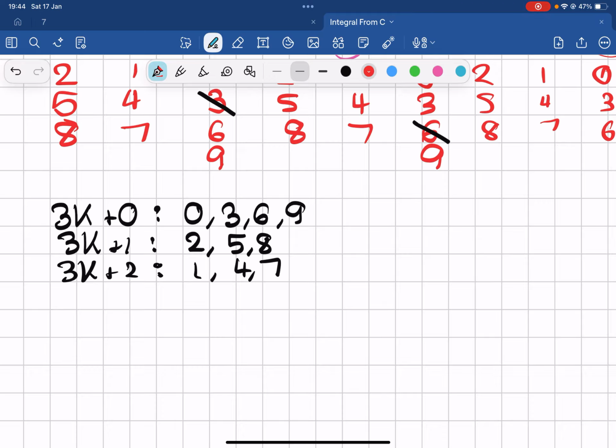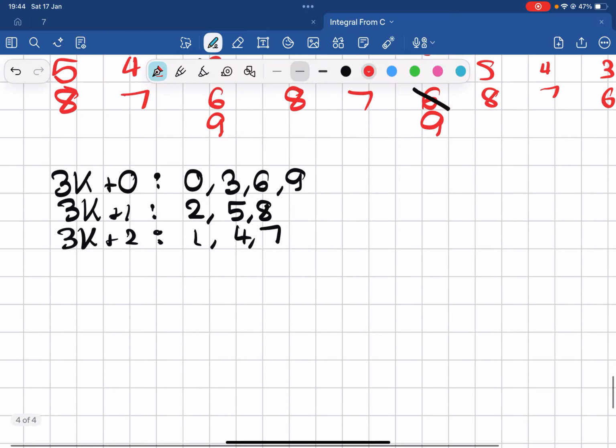Let's see why. 3 plus 2 gives 32, not a multiple of 3. A multiple of 3 plus another number to form a multiple of 3 means that other number must also be a multiple of 3. So let's see how many possibilities we can form from 0, 3, 6, 9.